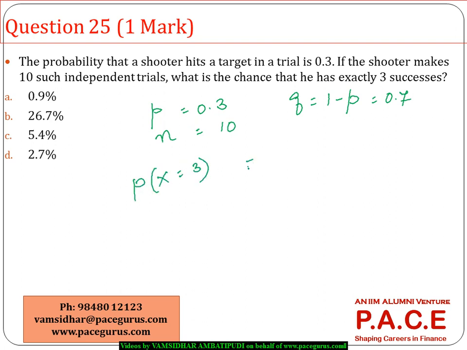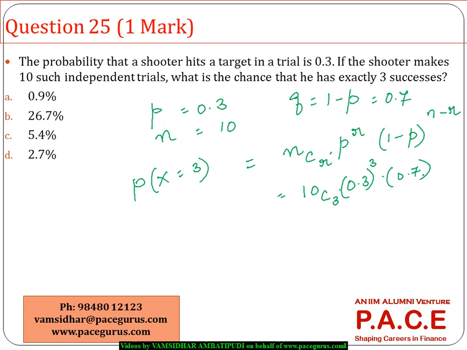Getting exactly 3 successes is nothing but nCr into p to the power r into 1 minus p to the power of n minus r. So I need 3 successes: 10C3 into 0.3 to the power 3 and 0.7 to the power 7. That should be the probability for us.